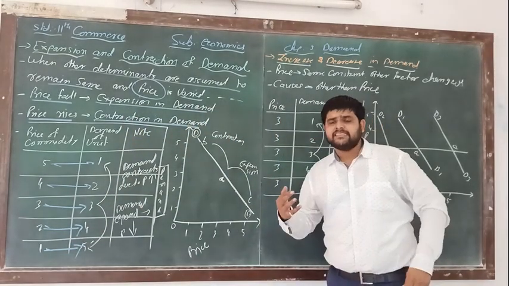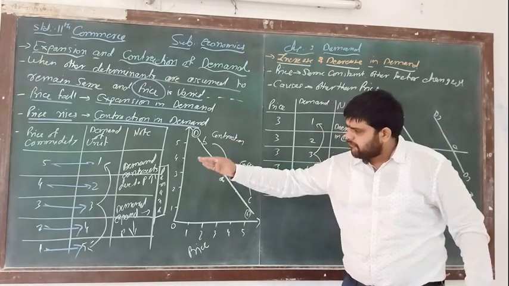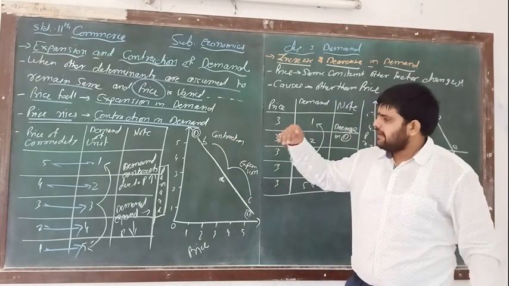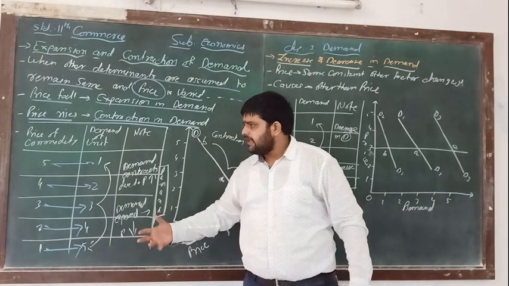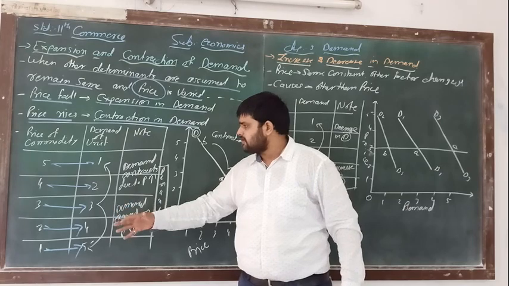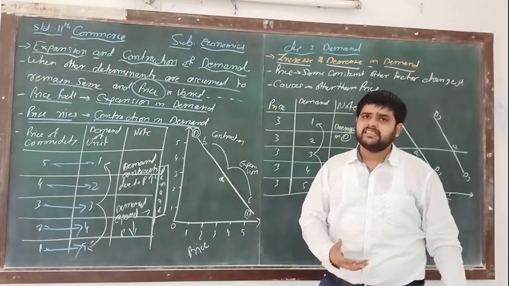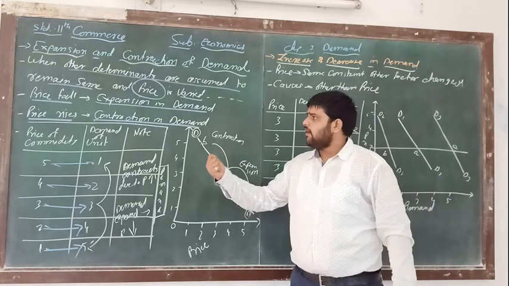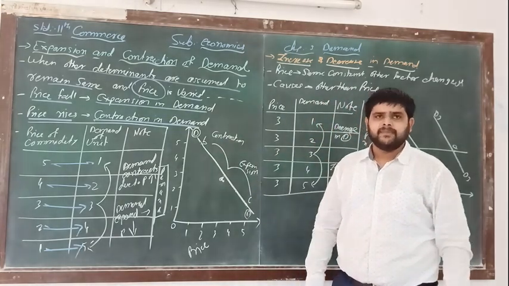So here we can see that when the price of the goods falls, demand is expanded. And gradually if the price of that goods increases, demand contracts. So here we can see the law of demand as well as expansion and contraction of demand.